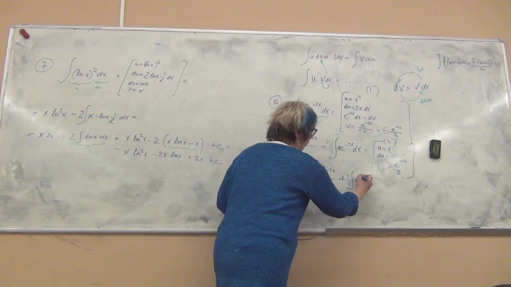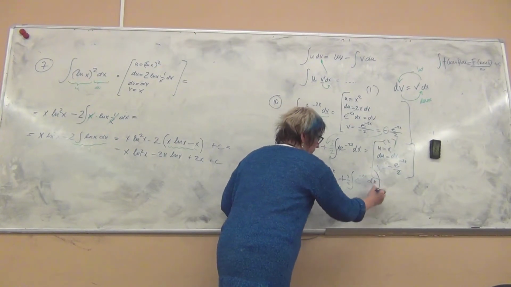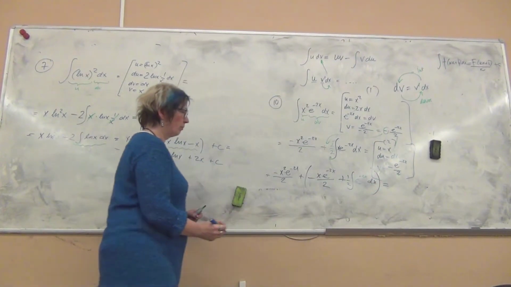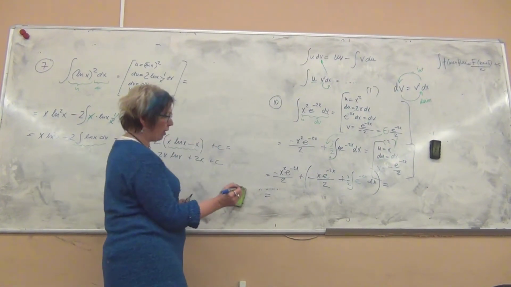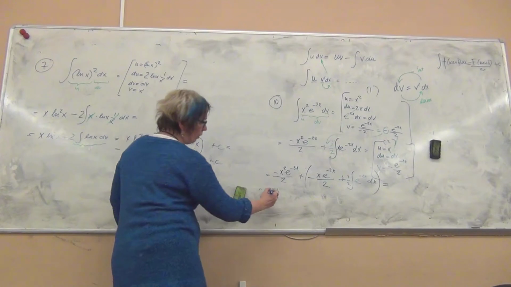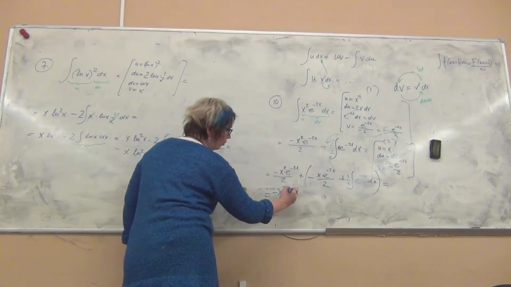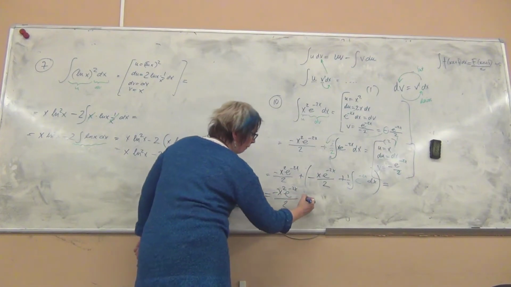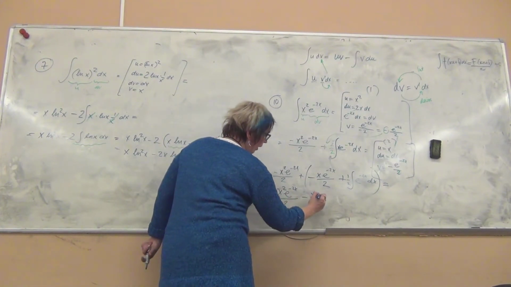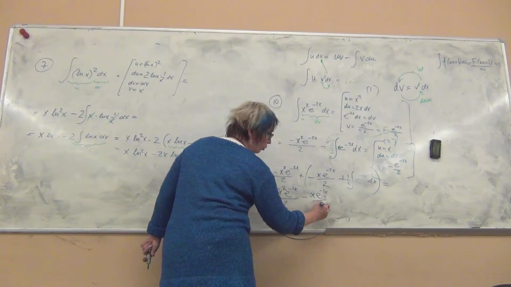It's simply e to the power minus 2x dx. So now what we have is minus x squared e to the power minus 2x over 2 minus x e to the power minus 2x over 2.